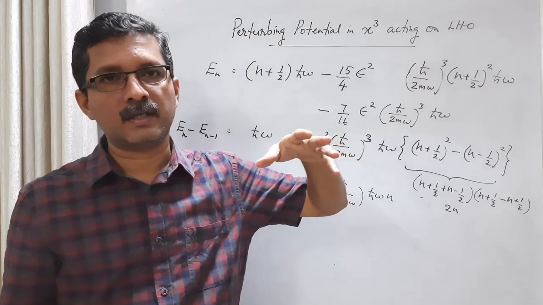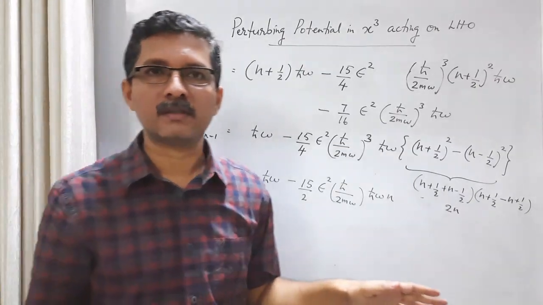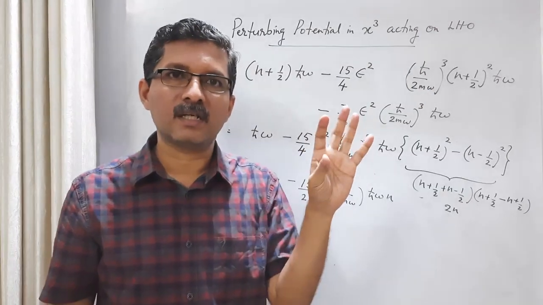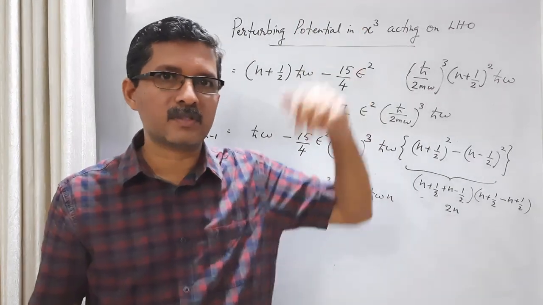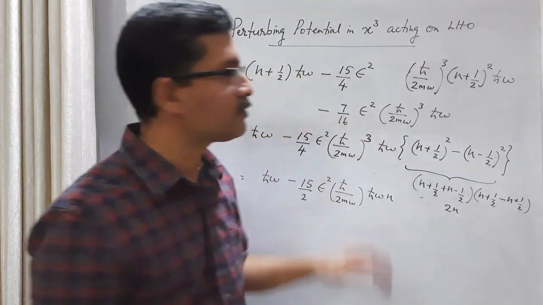You will also see that energy levels will decrease compared to the harmonic oscillator, and as n increases, the separation between adjacent levels will decrease. That means energy levels will come closer together when n becomes large, when you go to higher and higher energy levels. That result comes from here.